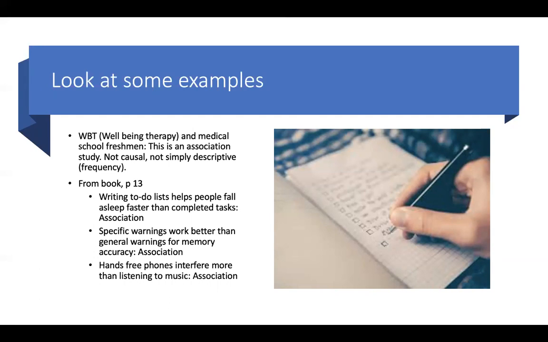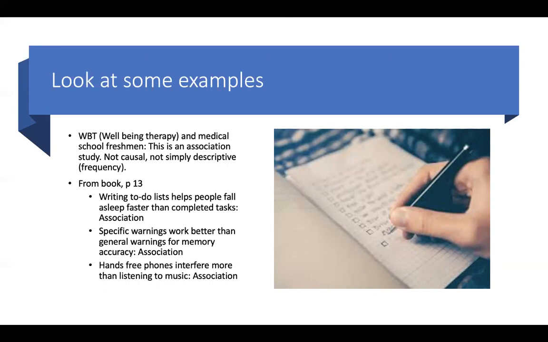From your book on page 13, here are a couple examples. One of the studies they talked about was writing to-do lists, and said that writing to-do lists helps people fall asleep faster than writing down a list of the completed tasks they did for that day. So good to know, but that's another study of association. Writing to-do lists is associated with falling asleep faster. They talked about specific warnings working better in terms of memory accuracy than general warnings.